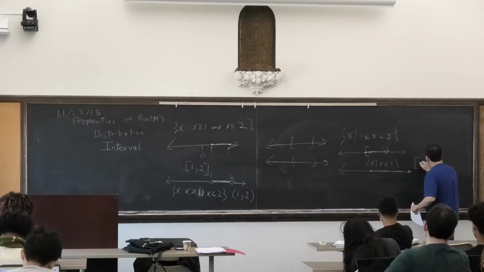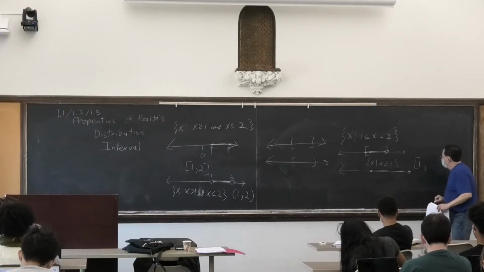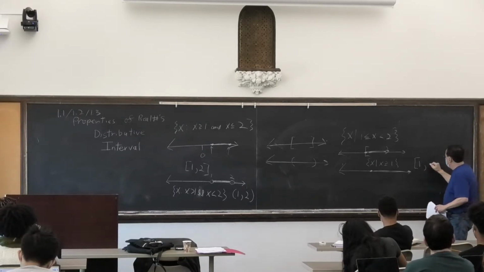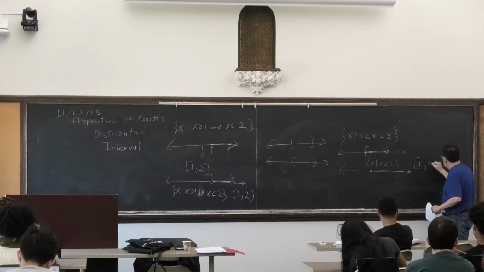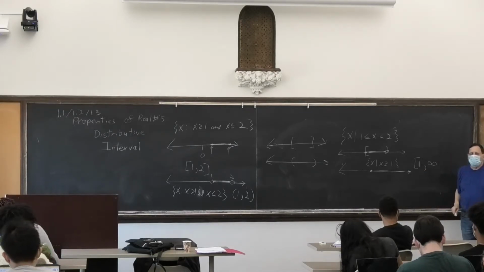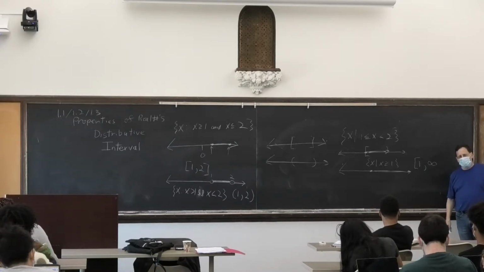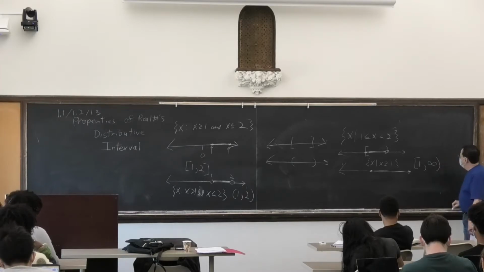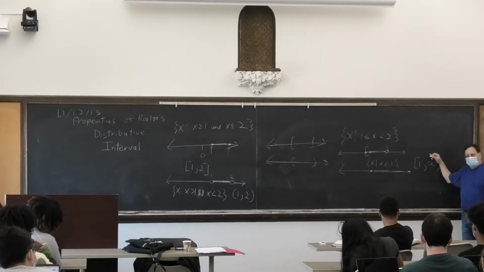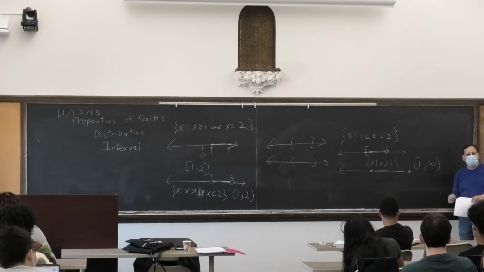Well, okay, it's 1. And what's out here? Well, this is not a number. This just tells you it's going to keep going. And for obscure reasons that we will not have to learn in this class, whenever you go to infinity, we always use open. I see a head shaking. Someone's seen it before. Courage.